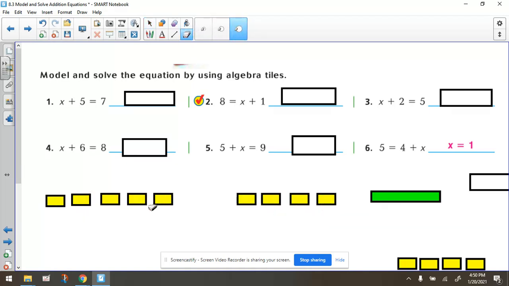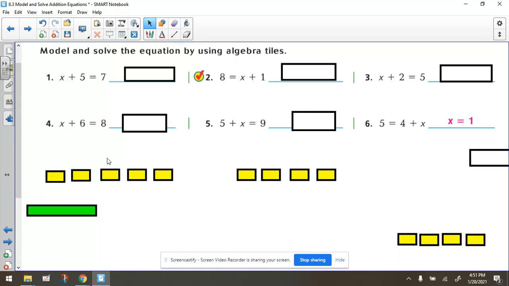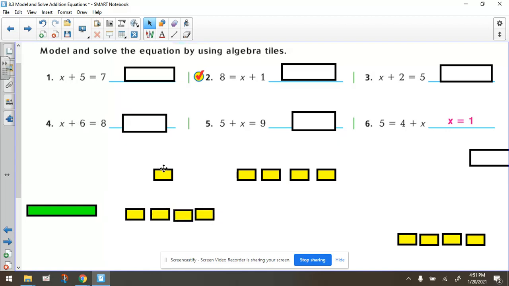Let's look at a different example. How about number 4. If we're going to model number 4, we need an x, so that's going to be represented in green. We need to drag 6 of these yellow tiles. So 1, 2, 3, 4, 5, 6. And then we have to show what that equals.